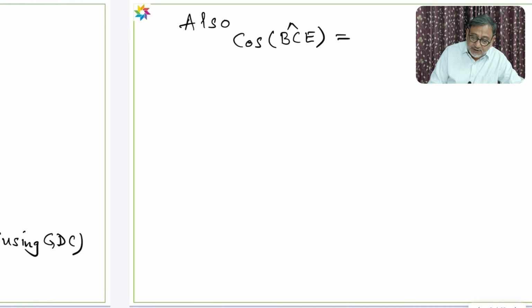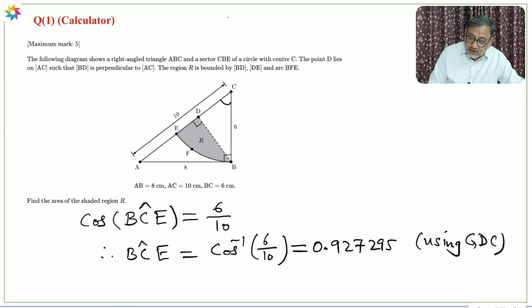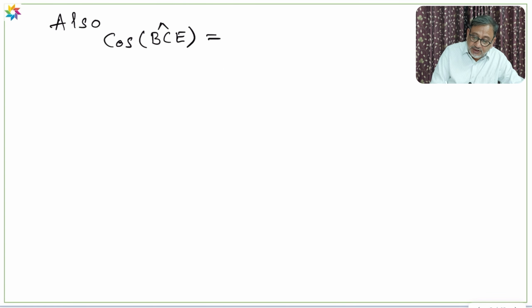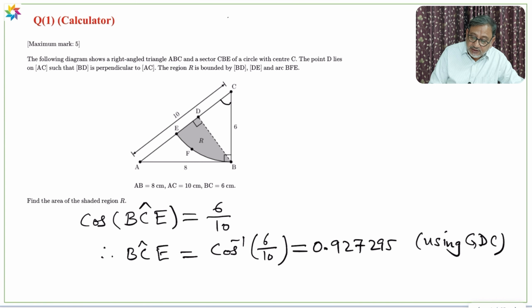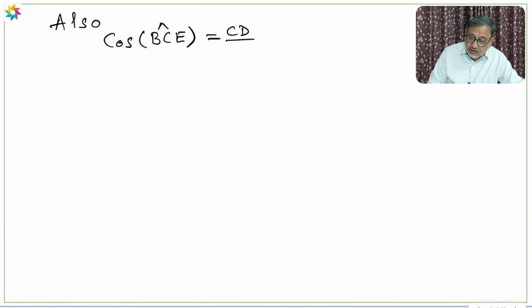Base upon hypotenuse. So base for this now is CD, I will take base CD. Hypotenuse for this I will take as 6. For this triangle, look here, in this triangle I am taking this as base and this as hypotenuse. So CD upon 6. Therefore CD will be 6 times cos BCE.